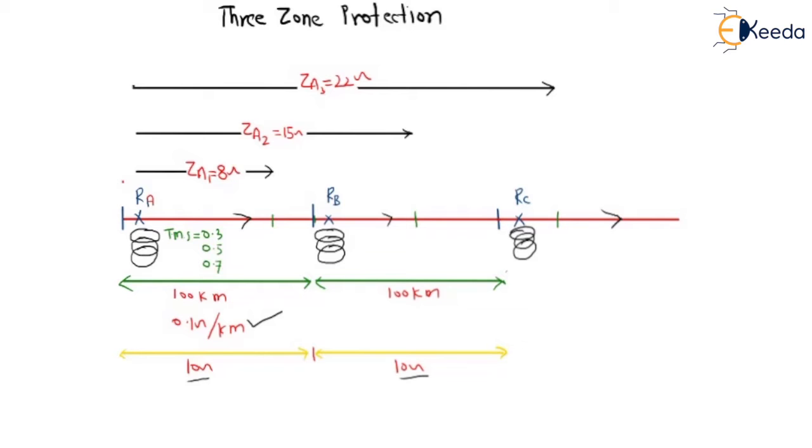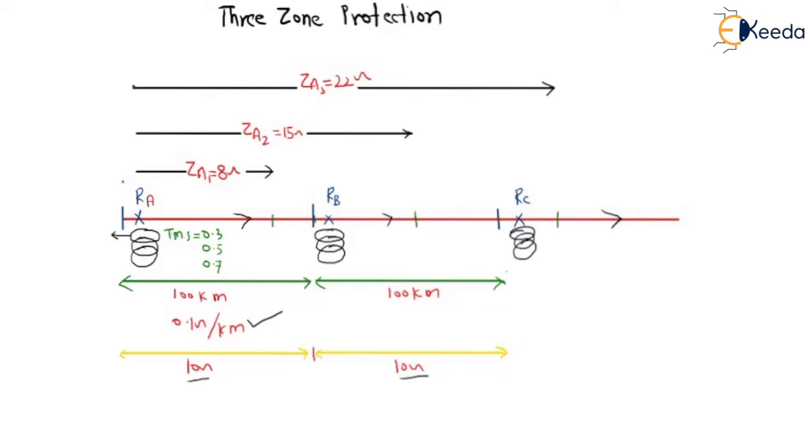So now we are using a relay at this location, A. That relay will have 3 discs, and each disc will have a different time multiplier setting. For the first, TMS is equal to 0.3, for the second disc 0.5, and for the third disc 0.7.